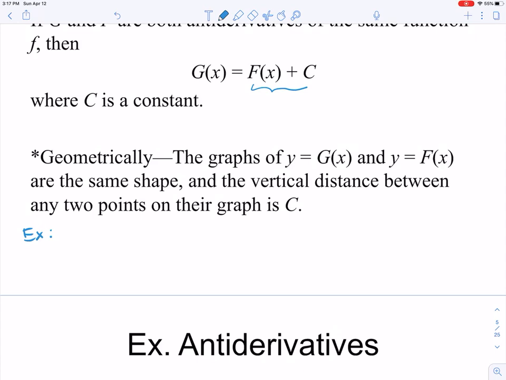So for example, if we had, let's say, three different functions, so how about p of x equals 3x squared, q of x equals 3x squared plus 5, and let's say capital R of x equals 3x squared minus 100.